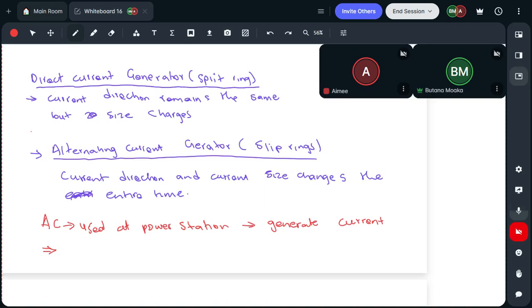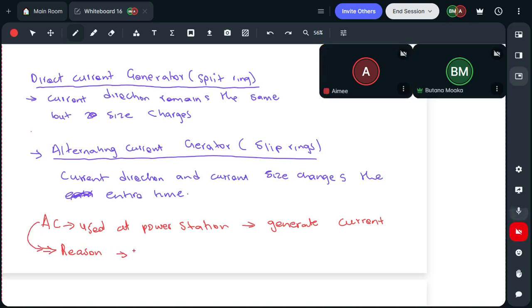The reason is that it must be transported over a long distance with small current and large potential difference to lose as little energy as possible. When we say little energy, we are referring to high voltage wires. Also, remember, transformers only work with alternating current. I'm just going to give you the easiest reason why AC is used at power stations.